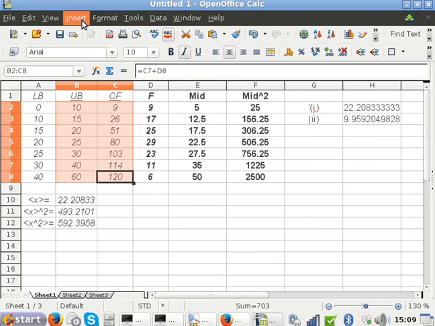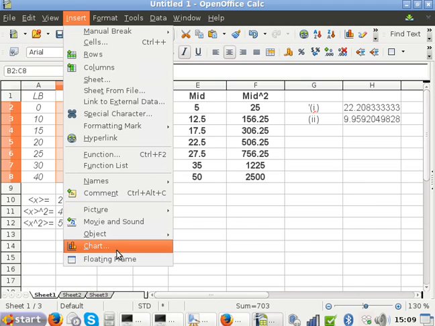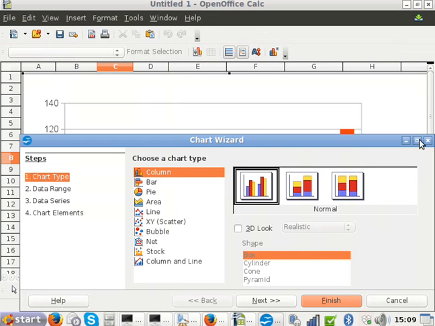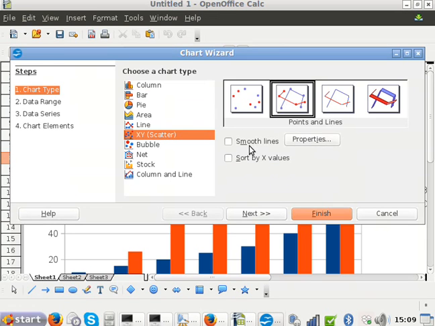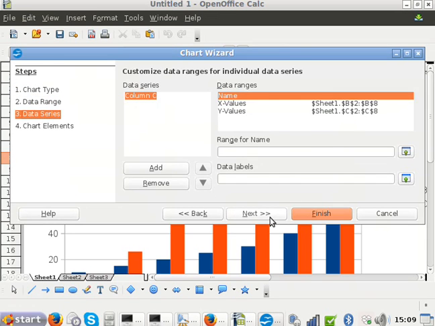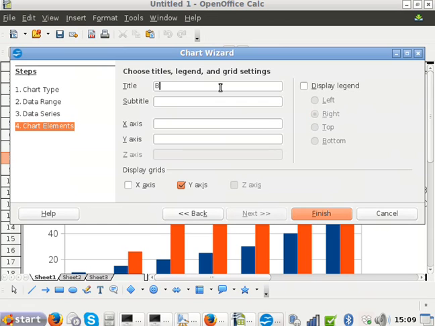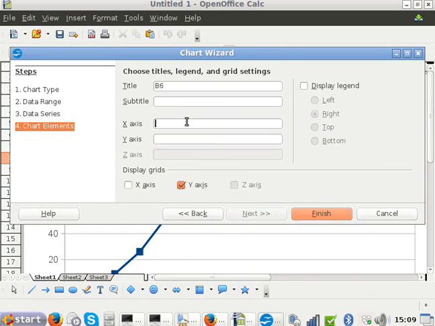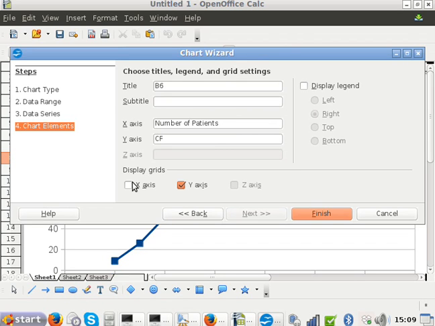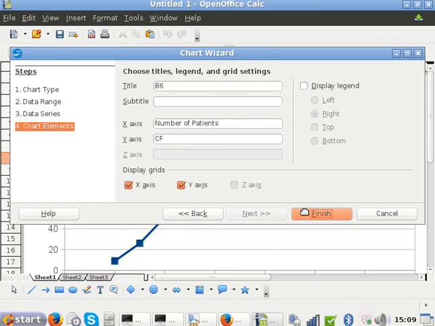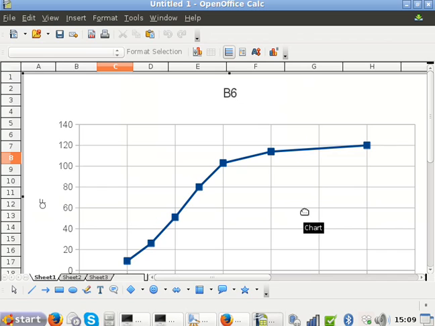I'll have to cover this up for a moment. This one, this one, this one, this one. Right, title, this is B6. What's on the x-axis here? It's number of patients, and on the y-axis, cumulative frequency, and that's what you should have in the exam.